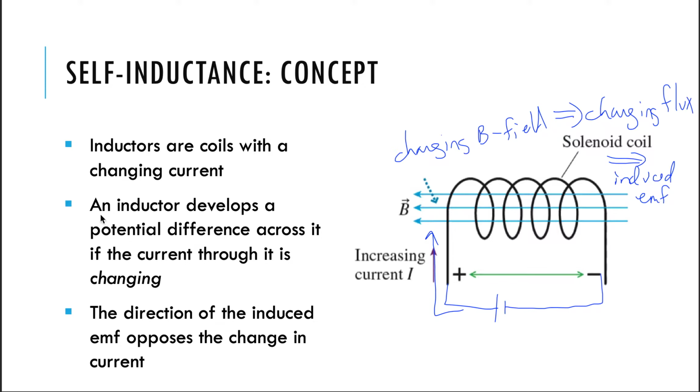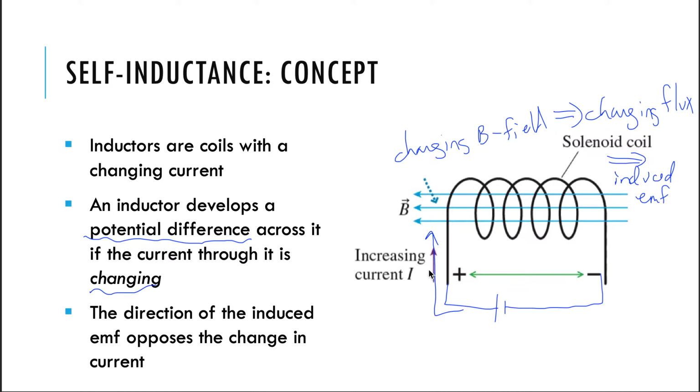That is what the second bullet says: there's a potential difference, or induced EMF, when the current through the inductor is changing. And the direction of the induced EMF is going to oppose the change in the current. We learned about Lenz's law, which told us about the direction of the induced EMF.